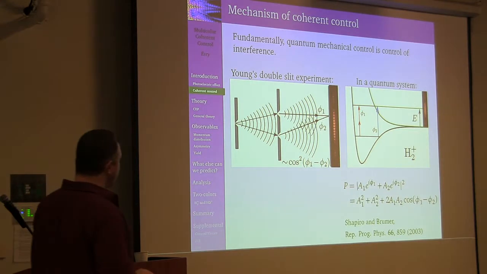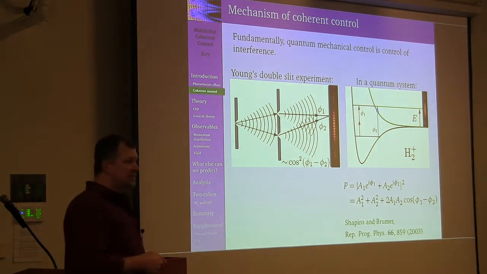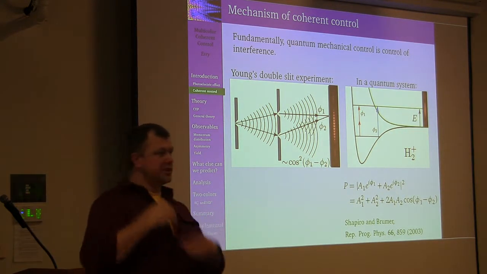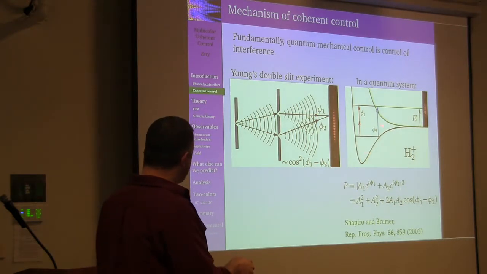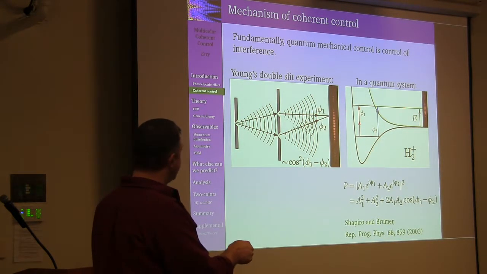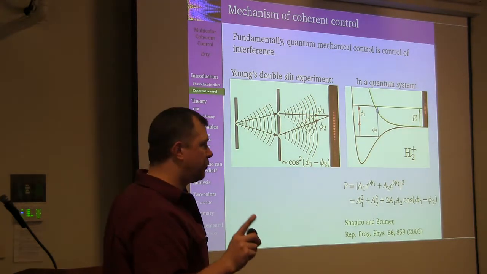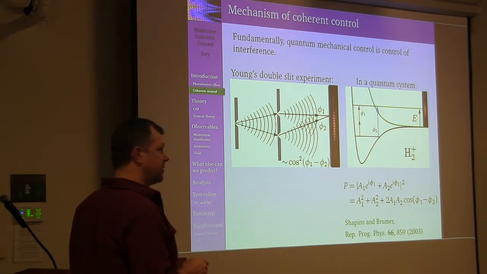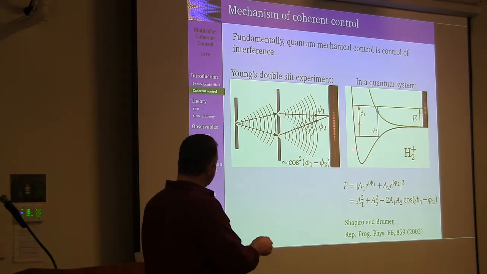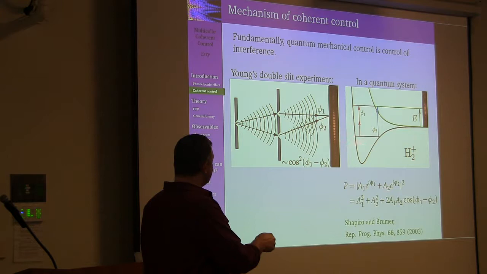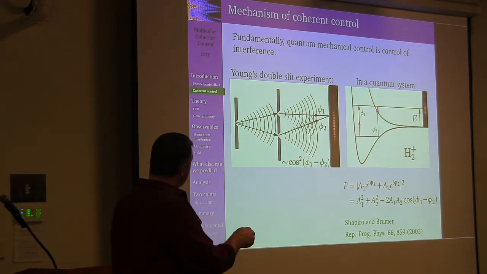Okay? Now if you have a system like H2+, that isn't a simple 2-level system, or discrete levels, where for instance you go from a bound state to a continuum state, and I hope Born, Oppenheimer and things like that are familiar enough that this plot makes sense to you guys. This would be the ground state potential, and so bound states lie in here. For instance, that would be the energy of 1.